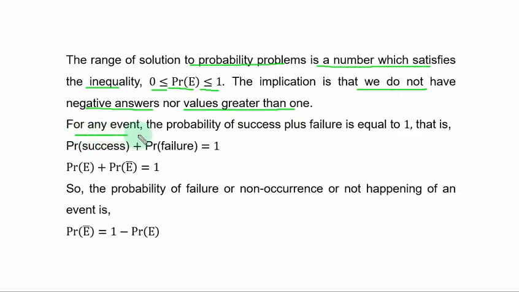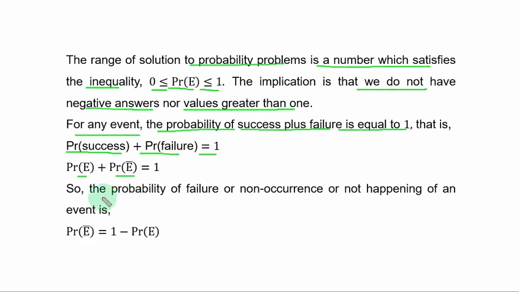For any event, the probability of success plus failure, that is, the event occurring and not occurring, the sum is equal to 1. That is, probability of success plus probability of failure is equal to 1. So let's denote success by E and failure by E bar.